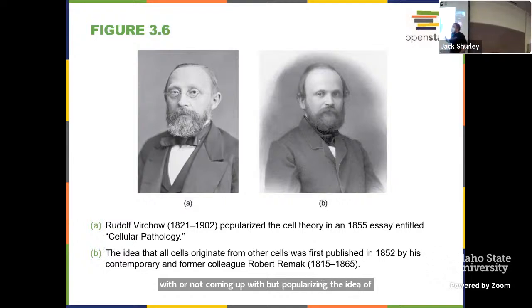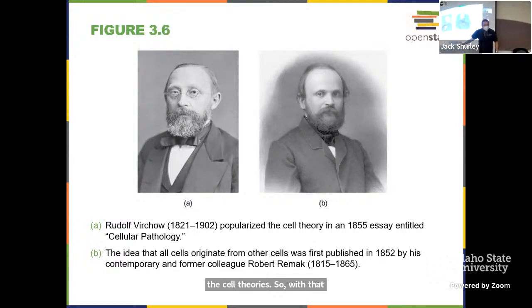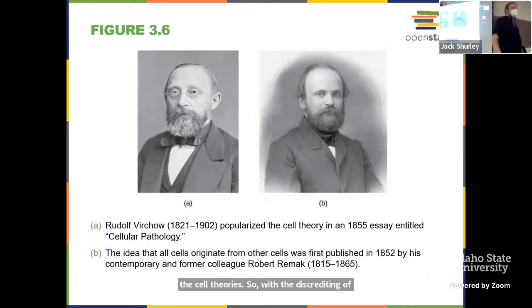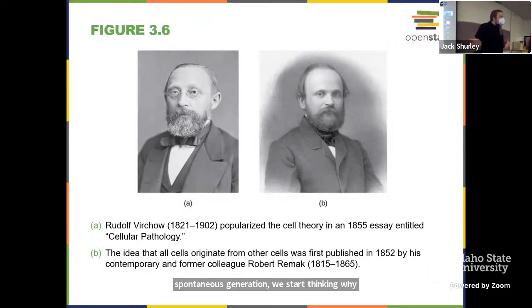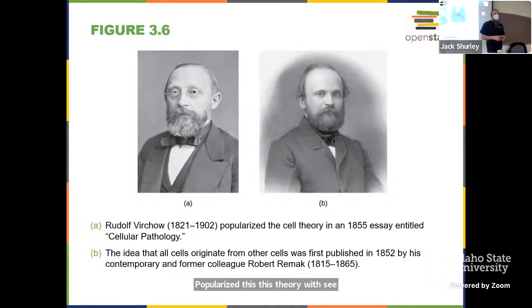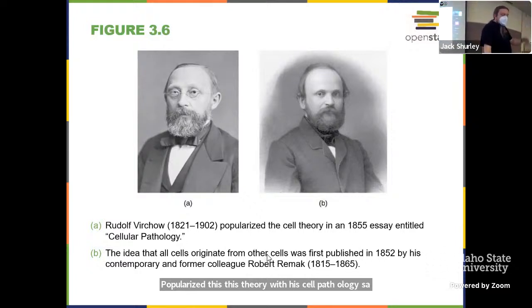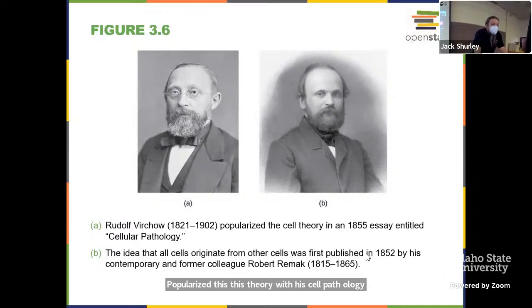So with the discrediting of spontaneous generation, we start thinking life comes from life, not spontaneously. And Virchow popularizes this theory with his cell pathology essay, and Remak basically blows that up as he starts talking more about it, and it becomes kind of the main idea.